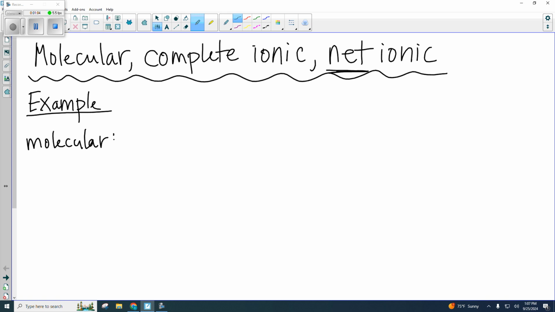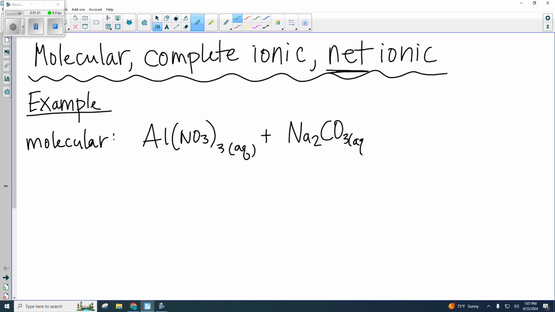So I can take aluminum nitrate. You can look at your cation anion sheets if you need to remember how to do these. We are going to use all aqueous solutions, and we are going to combine this with sodium carbonate, which is also an aqueous substance, and it results in a double replacement reaction of aluminum carbonate.